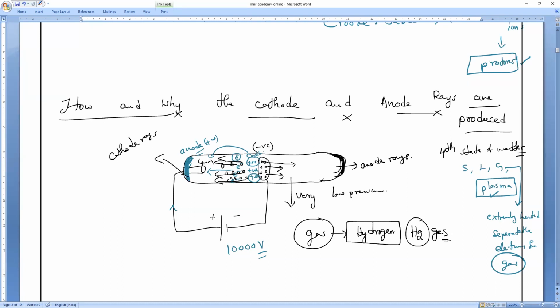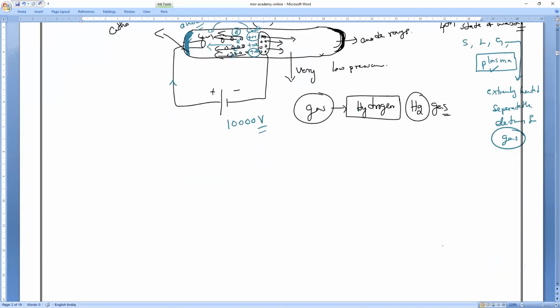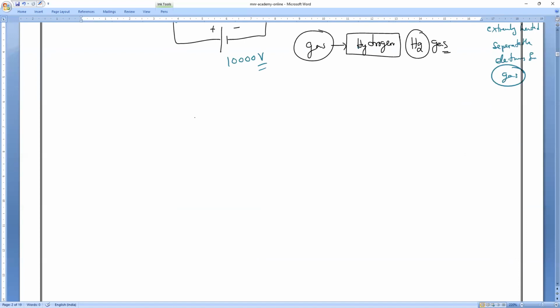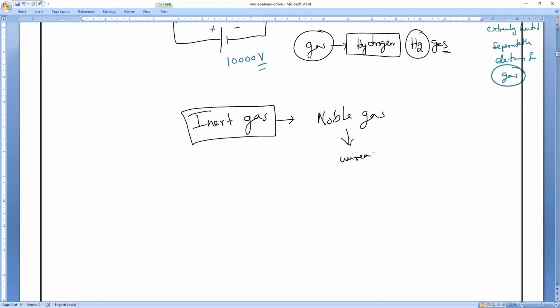Understand everybody? Now, suppose instead of hydrogen gas I take an inert gas, which we studied in the last chapter. Anybody can tell me what we mean by inert gases? Noble gases, or also we can call them unreactive gases.